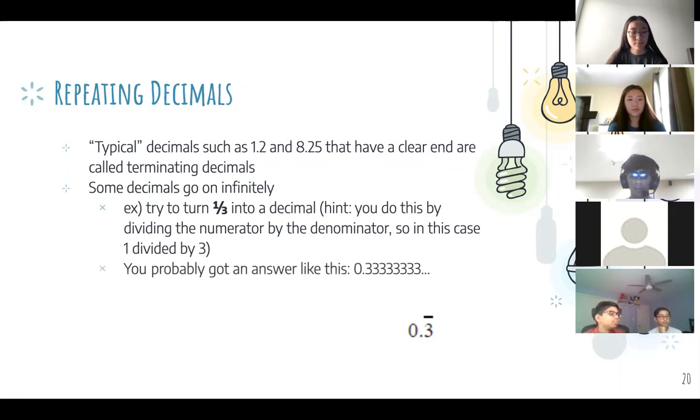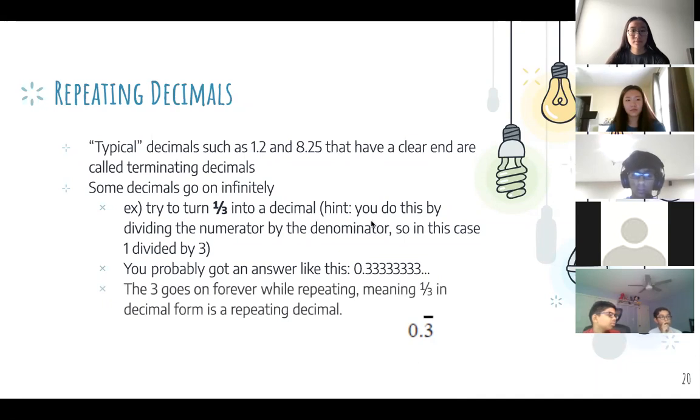And the decimals that go on infinitely, you can always represent them as a fraction. So for example, 0.3 repeated, going on infinitely, would be 1/3. You can use your calculators to check this, but that decimal can be represented as 1/3. Okay.